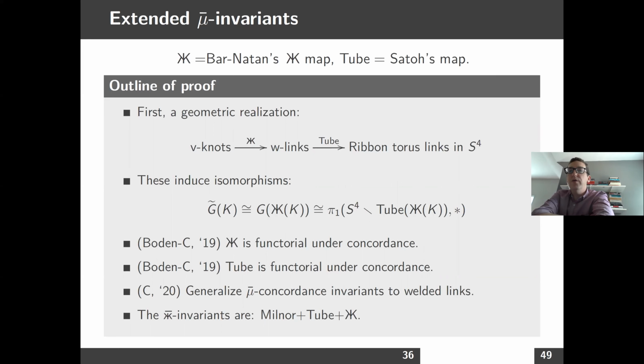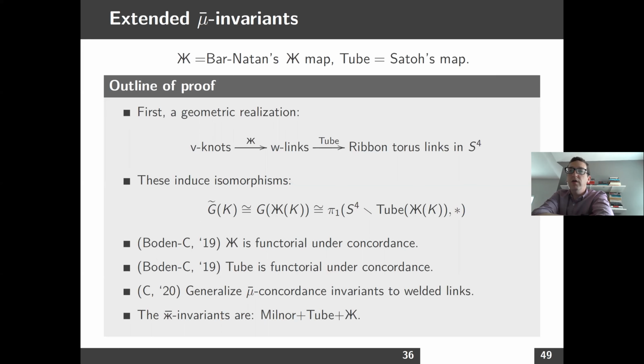And so the idea is that we just take the mu-bar concordance invariants of ribbon torus links, or you can also think of that as welded links, because the isomorphisms turn out to be the same. And you just compose them all together. So you take a knot, you apply J to get a two-component welded link, you apply tube to get a ribbon torus link, and then those Milnor invariants give you the J-bar invariants.